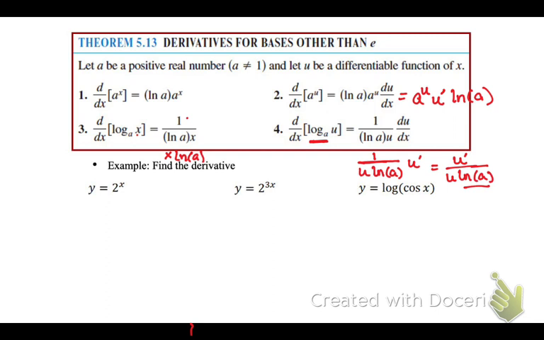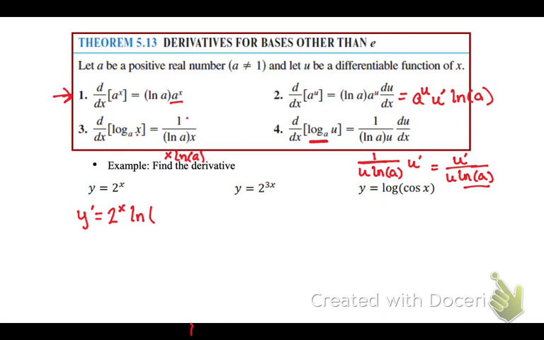Make sense? Okay, so I need to find the derivative of 2 to the x. So 2 to the x just fits derivative rule number 1, doesn't it? Okay, so y prime equals a to the x, which would be 2 to the x, right? Natural log of a. What's a?